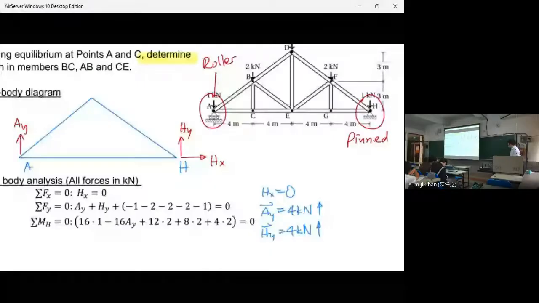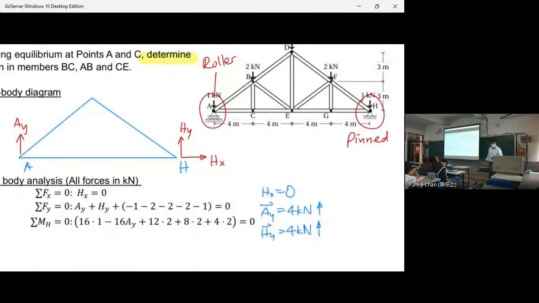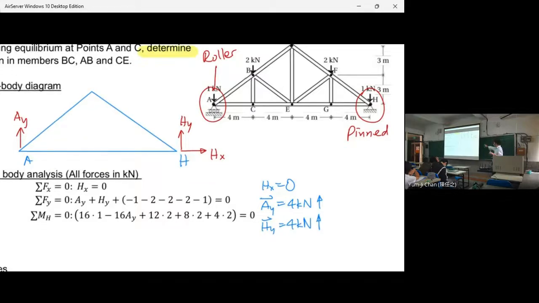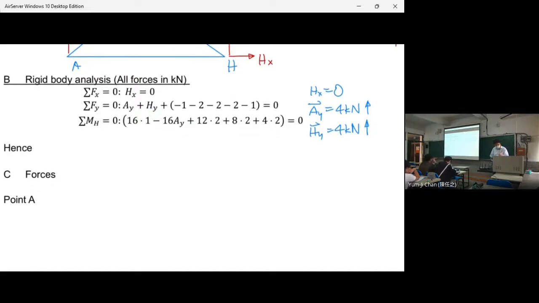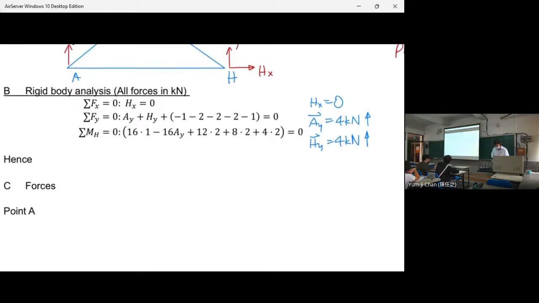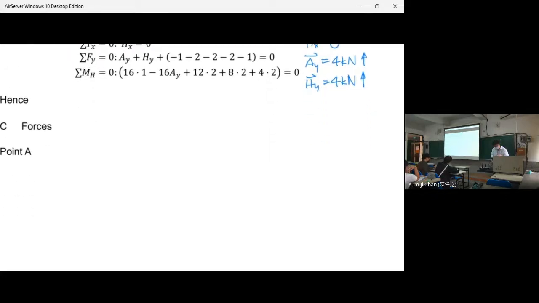Now we have the support forces, and we go to point A and point C. For the forces at joint A, how many members connect to joint A?